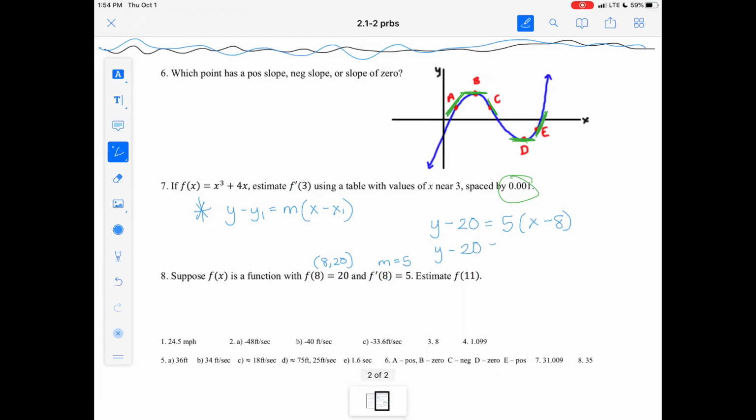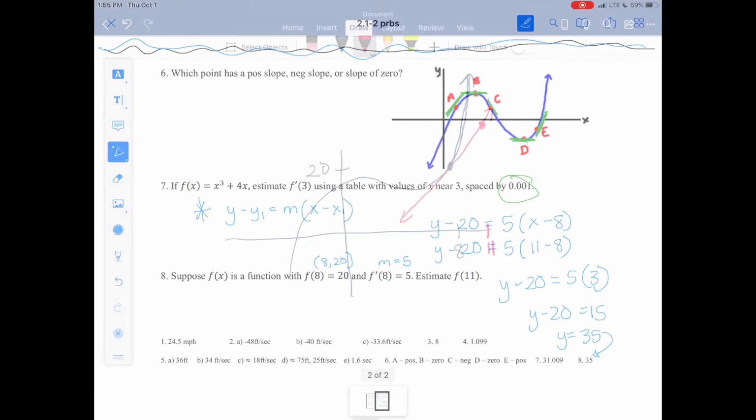Here we go. So then that just means I'm going to plug in 11 for x. And then I'm going to clean that up, and I end up with y minus 20 equals 15, y equals 35, and we've got it.